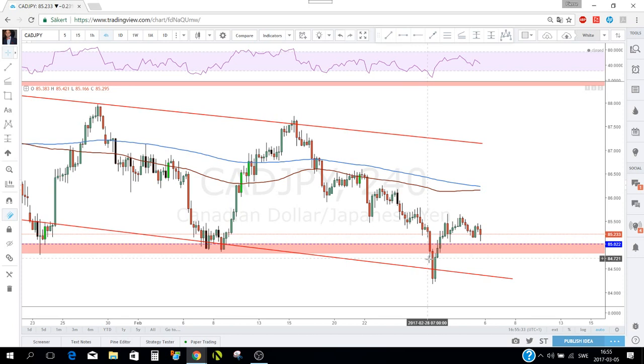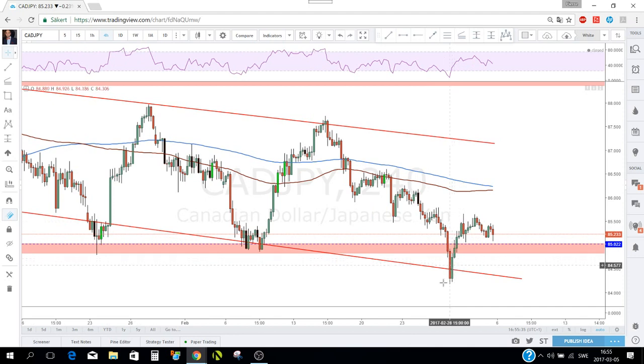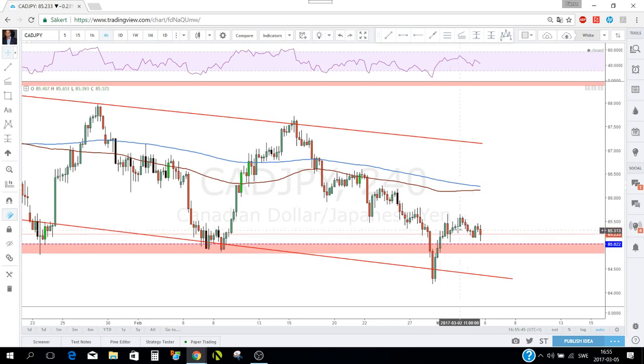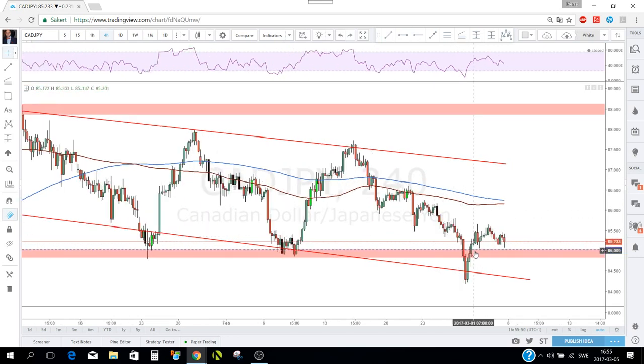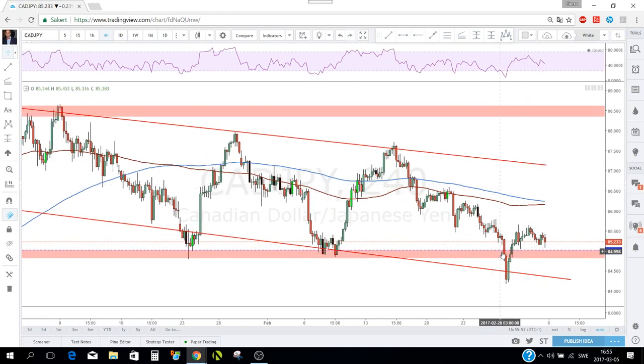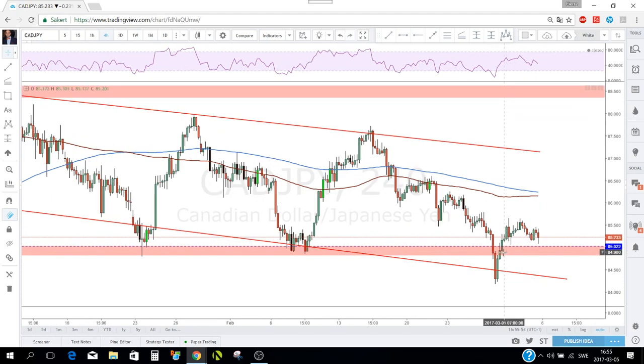But we did find this bounce back down here on the daily 100 moving average, and price went back up. I didn't trade any of this last week because I had a very hard time trusting the price movement.